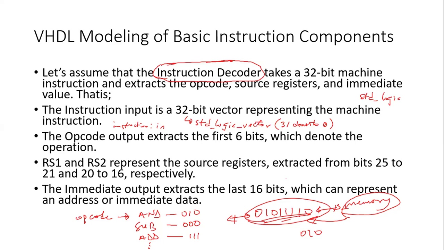So the machine representation of the instruction set architecture as it stands right now is going to understand the opcode for AND is 010, for subtraction is 000, for addition is 111, and for the memory location is 0101110. Do you get that?